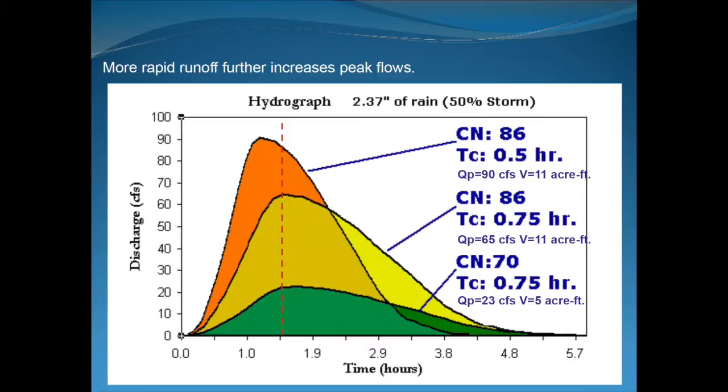So we need to put in practices that maintain the curve number at 70 and the time of concentration at 0.75 as close as possible, so we change that minimally or not at all. Okay? So that's how the model works. That's how curve number works.